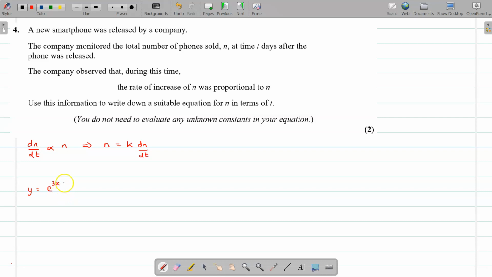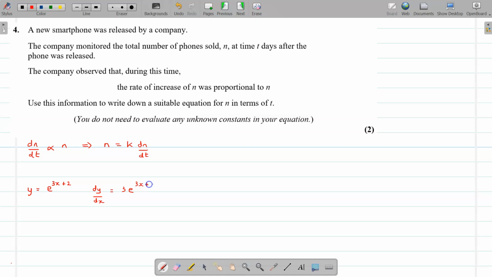And if you had something like e to the 3x plus, let's say 2, the dy by dx for that would be the differential of 3x plus 2, which is just 3, e to the power 3x plus 2.